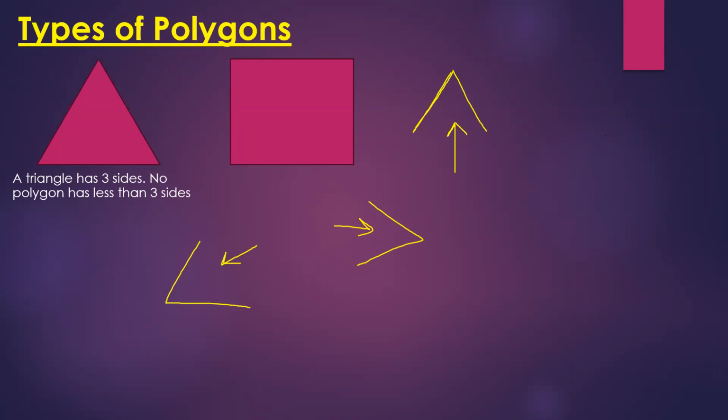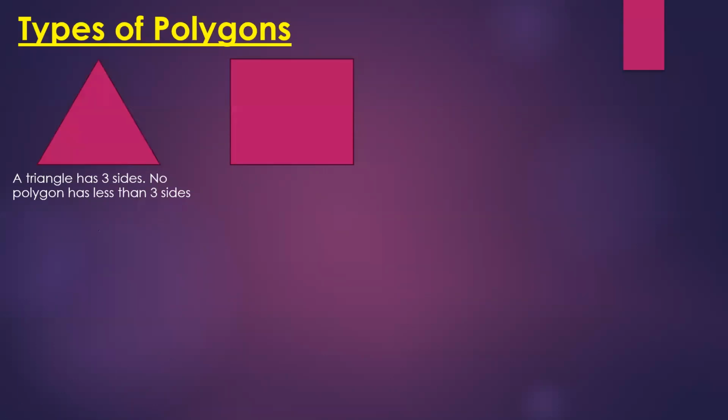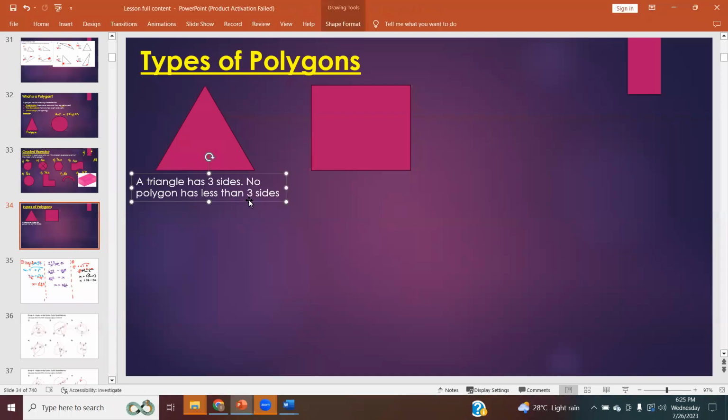If you have one side, it is obviously not a closed shape, because there are no connections at all. So the lowest number of sides we could have is 3, because if it had fewer, there would be an opening.